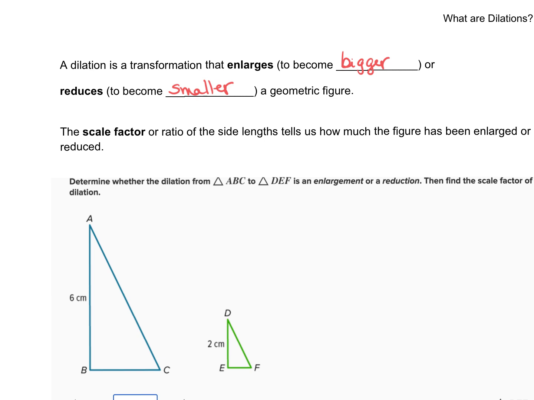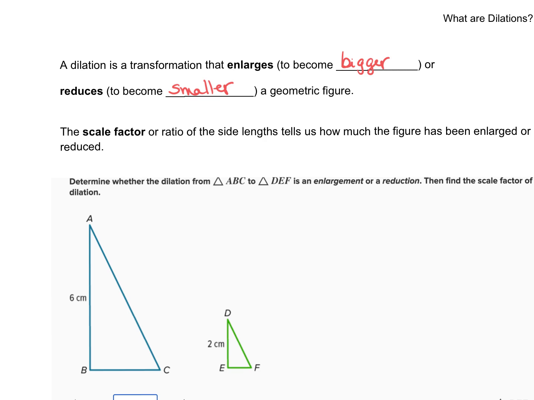So a scale factor, or the ratio between the sides, tells us whether the figure is an enlargement or a reduction, and also what value that scale factor is. So how much bigger did the figure become, or how much smaller did the figure become?